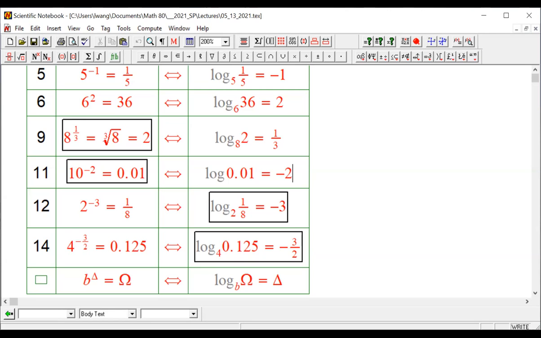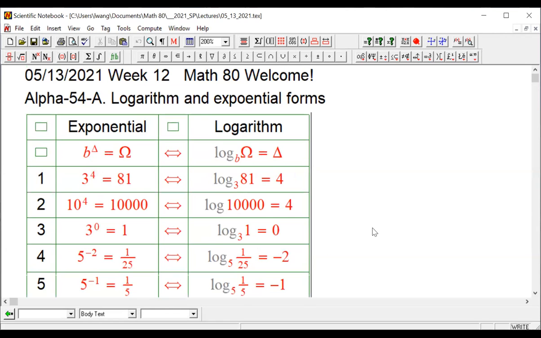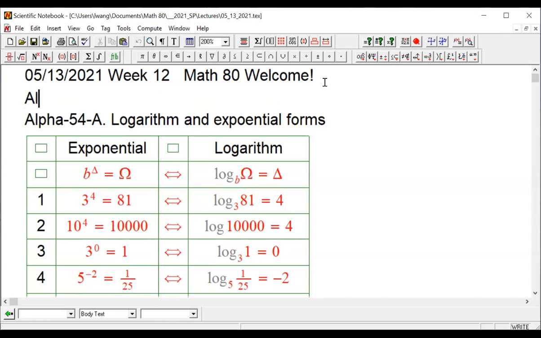If you need more exercise, alpha 54b will be a good place to go as well. Okay, now let's look at 55a, alpha 55a.